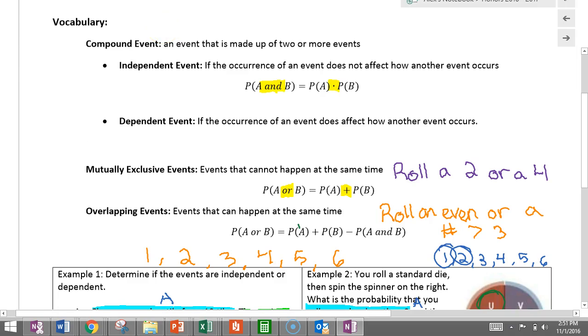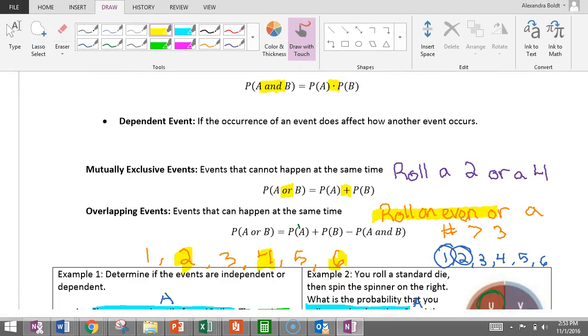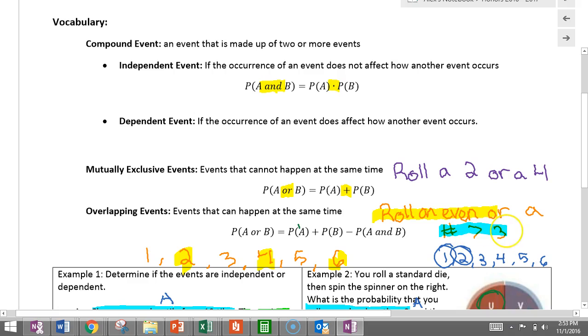If I look at where I am rolling an even, that'd be 2, 4, or 6. And then I have a number greater than 3, well, that would be 4, 5, and 6. So you can see where they overlap. Where both of those things could possibly happen is at 4 and 6, but I could take all of those, right? I don't really care which one it is.